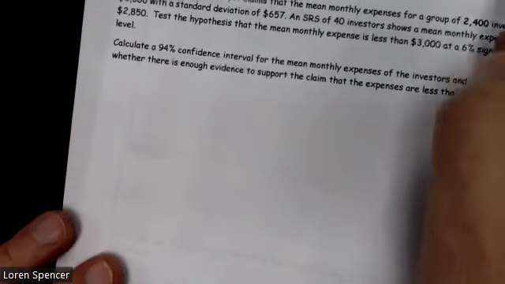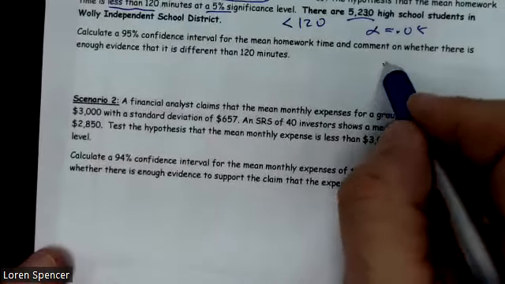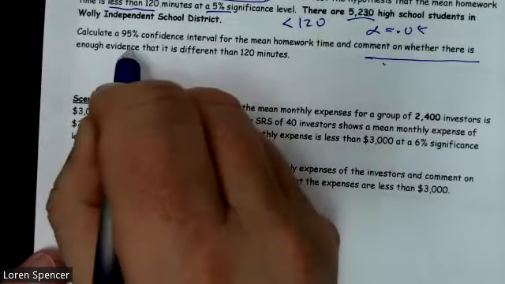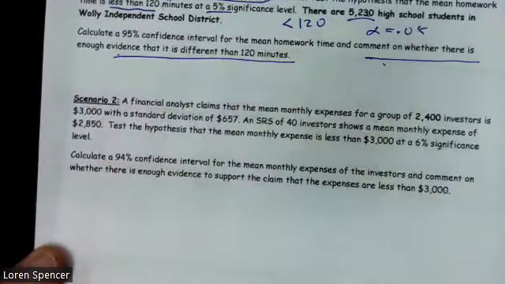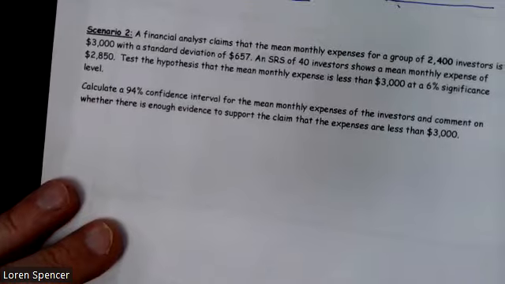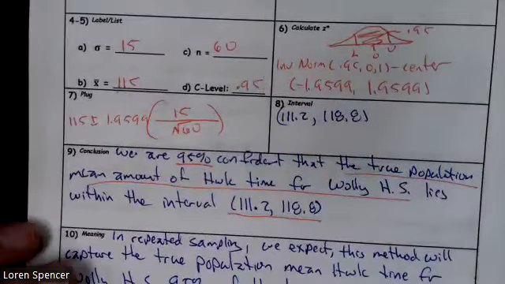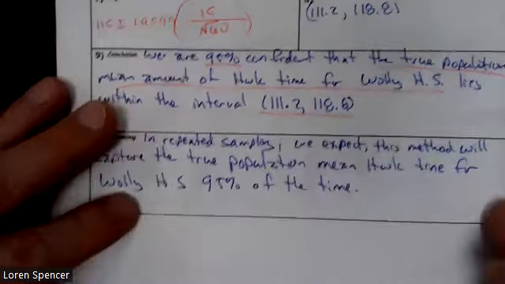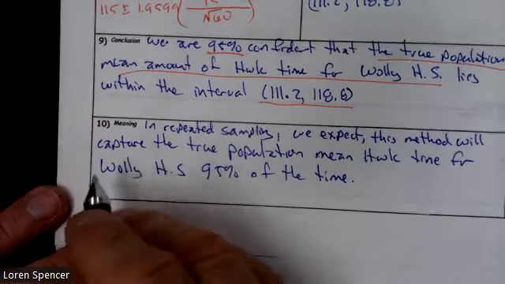It says, comment on whether there is enough evidence that it is different than 120. So they're saying based on our interval. And let's write that at the bottom.